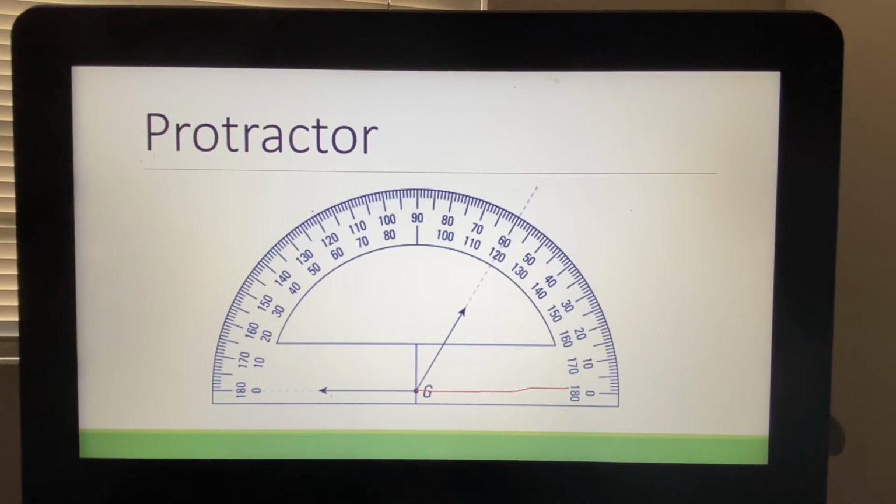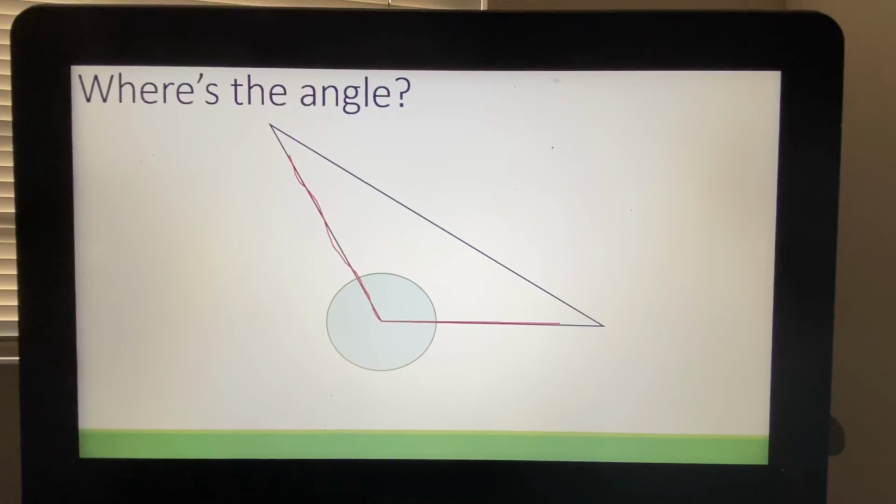Yes, points here. This angle, this degree, or unit of measure, is 120 degrees. And remember, it only goes up to 180. Once it goes to 180, it's a straight angle.